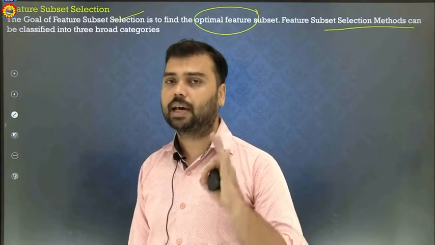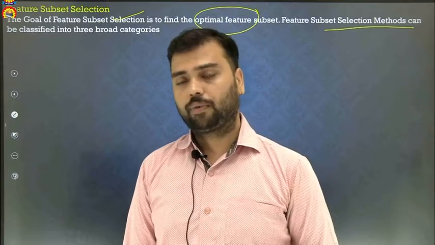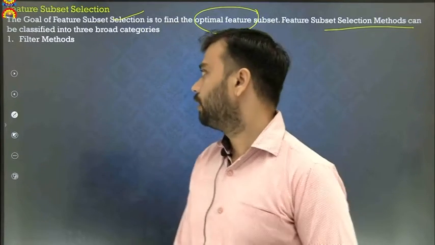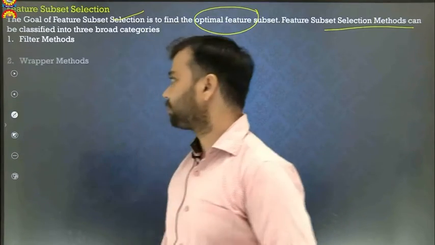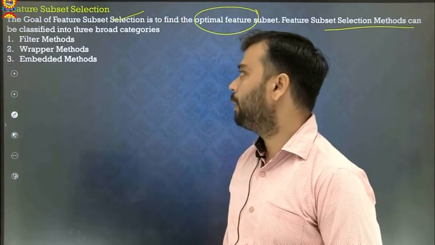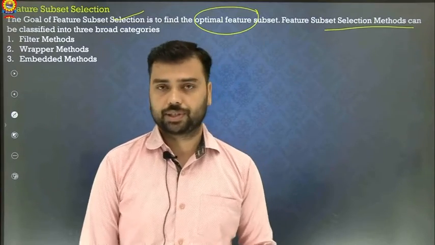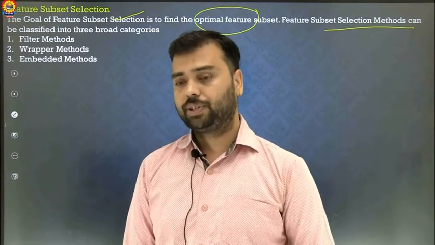All three methods are very important for selecting the subset from the features. The first is the filter method, then the wrapped method, and the last is the embedded method.